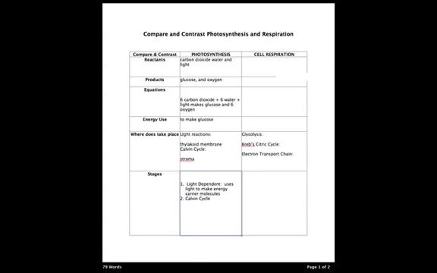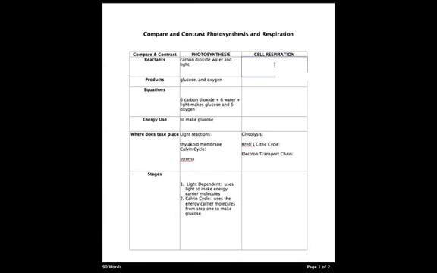And the Calvin cycle uses the energy carrier molecules from step 1 to make glucose. This is where our glucose is made. So that's what happens in photosynthesis.